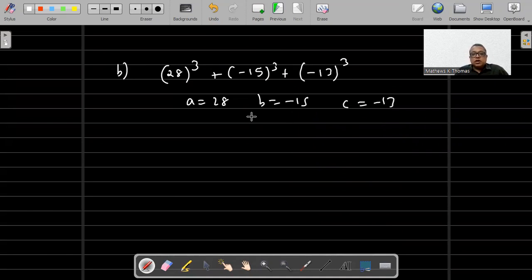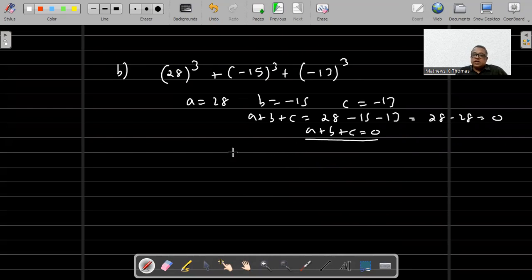Now, again, if I add A plus B plus C, what am I getting? 28 minus 15 minus 13. So 28 minus 28 is 0. So I got this condition again that A plus B plus C is 0. And we know that if A plus B plus C is 0, then A cube, B cube, and C cube together will give me 3ABC.